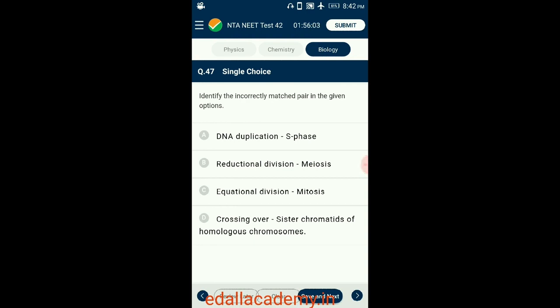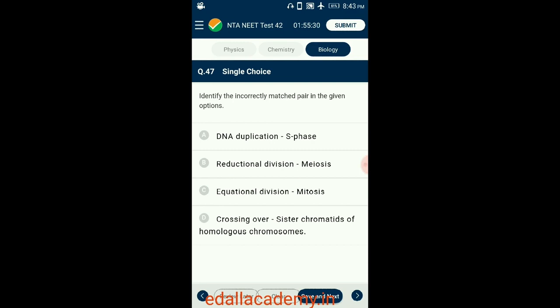Meiosis is the other type of division where the daughter cells formed have half the genetic content of the parental cell. So it is also called reductional division since the chromosome number is reduced. Crossing over is also a step observed in prophase 1 of the meiosis 1 division stage, where the non-sister chromatids of homologous chromosomes exchange their genetic material, as homologous chromosomes have their genes in the same location compared with non-homologous chromosomes.